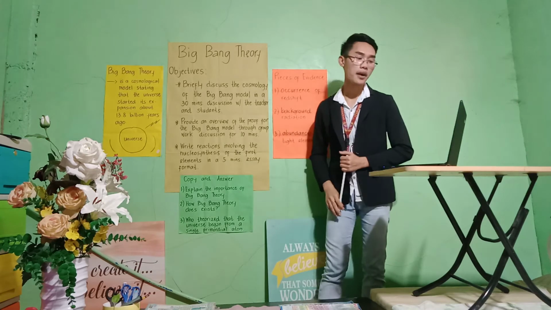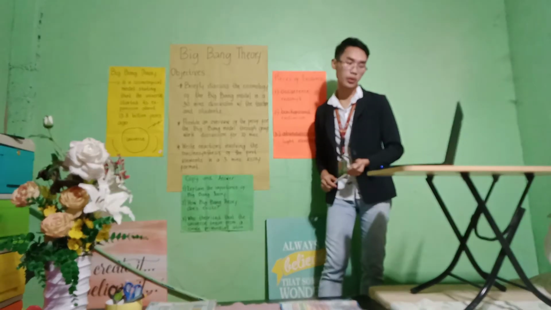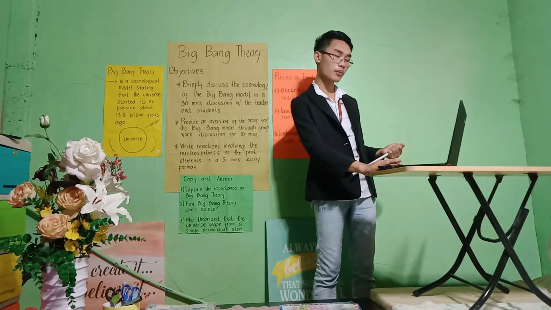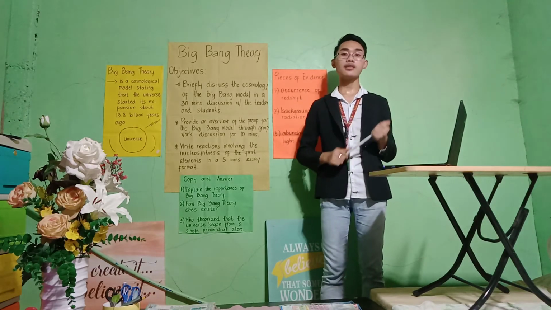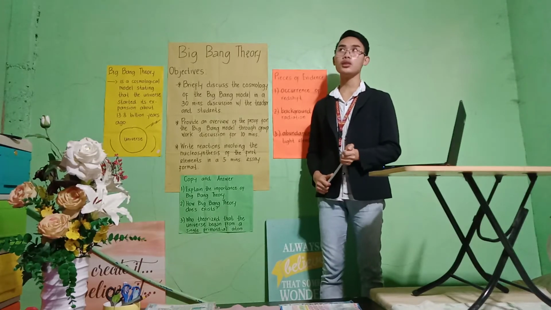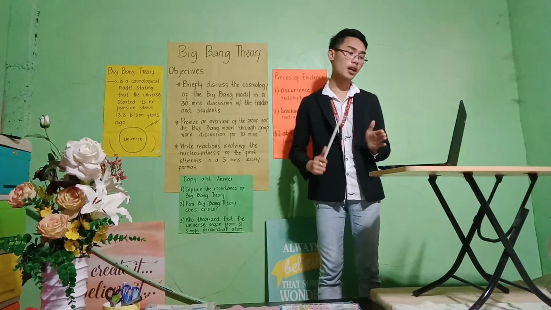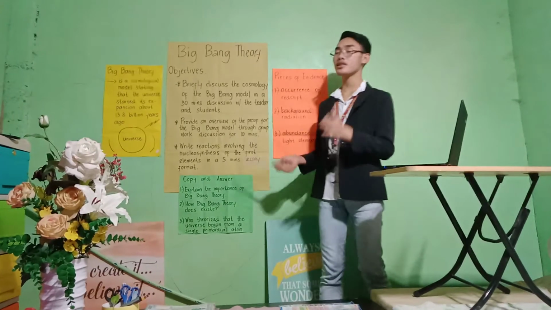All of group 1, you will provide an overview of the proof for the Big Bang model through group work discussion for 10 minutes and present it in front of the class. Make sure, group 1, that you discuss all about the proof of the Big Bang Theory, because later you will present it in the class.